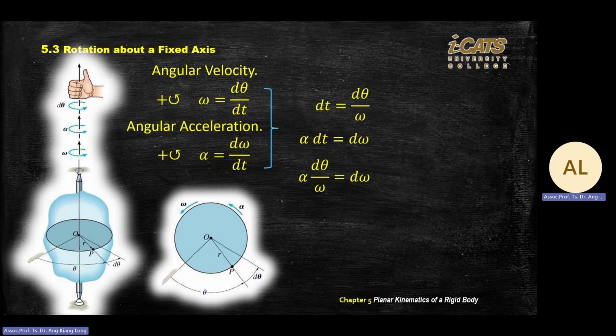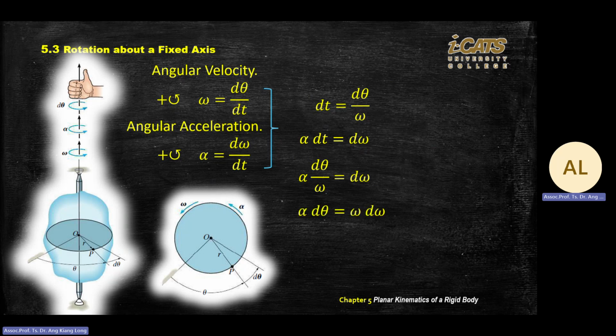And you start replacing the dt with d theta over omega. You start replacing the dt with this one. Because we need to put the same terms together, you pull the omega to the right.